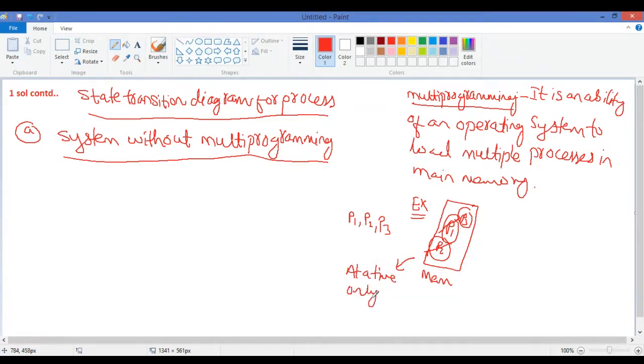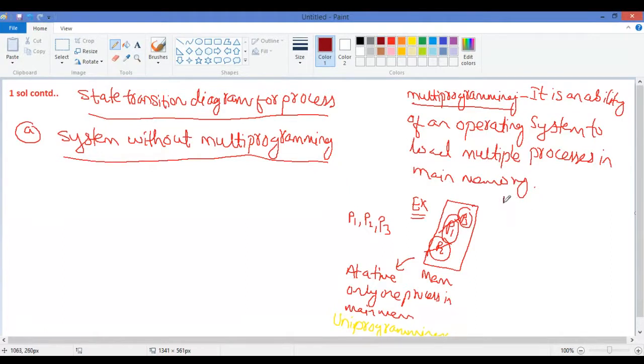Then it is called, please remember this, uniprogramming.